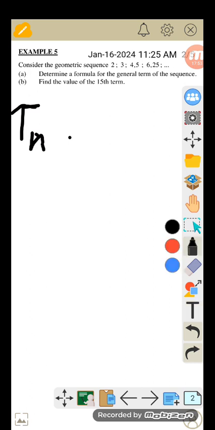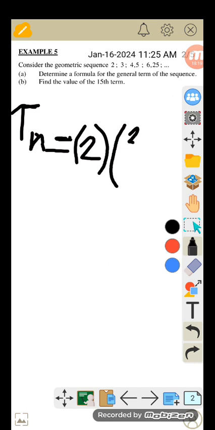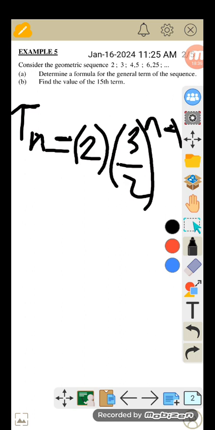My general term is equal to 2 multiplied by 3 over 2, all to the exponent n minus 1, like this.